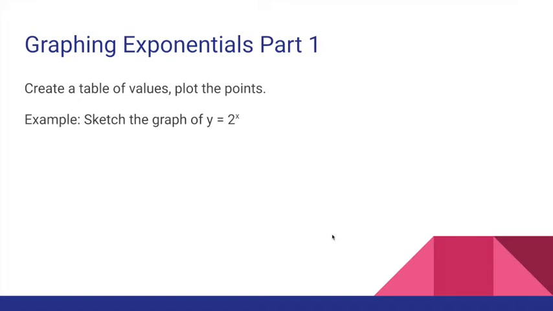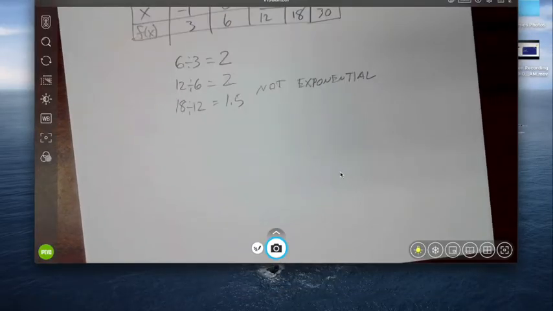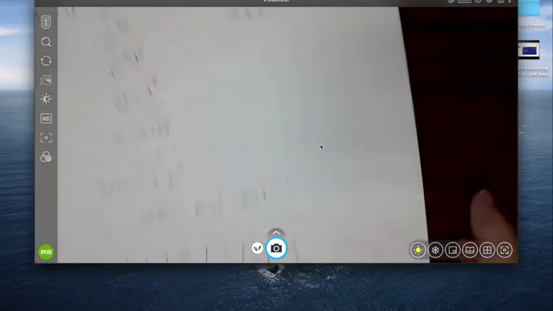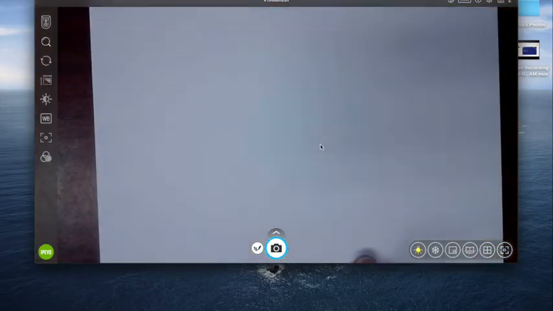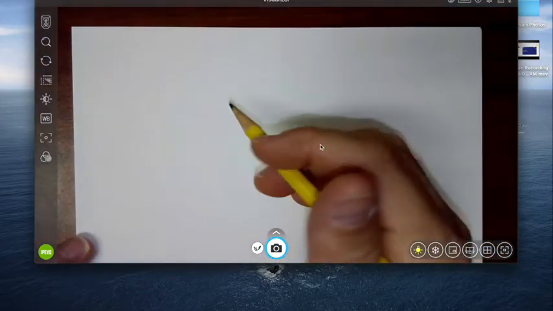All right, so when it comes to graphing exponential functions, we're going to do that, starting out anyway, just by plotting some points and then sketching the graph. Because the domain of this exponential function is all real numbers, we want to pick points that are a decent representative of all real numbers.